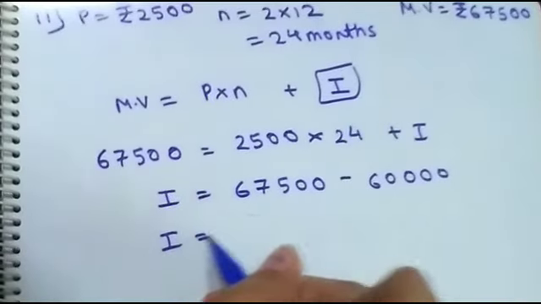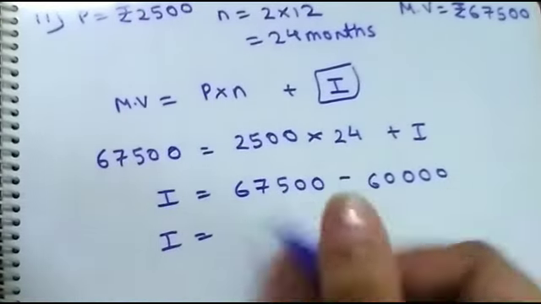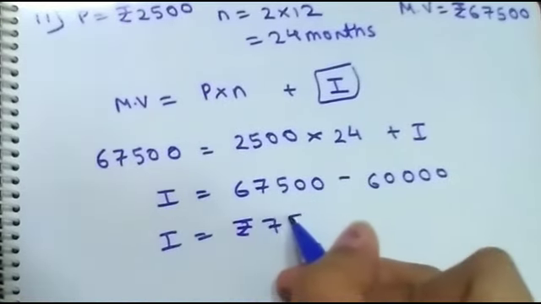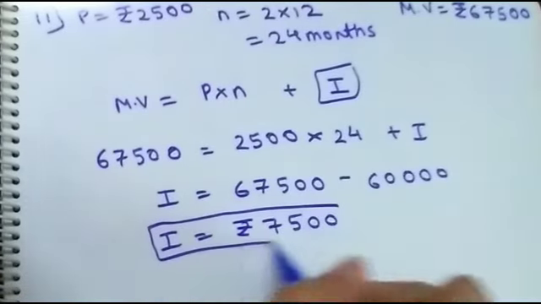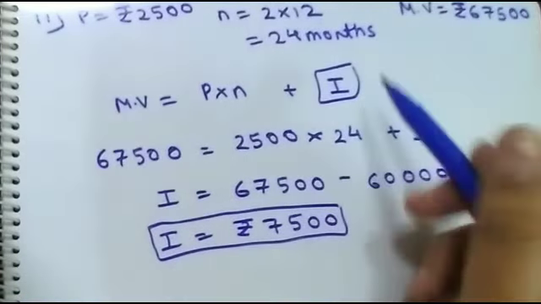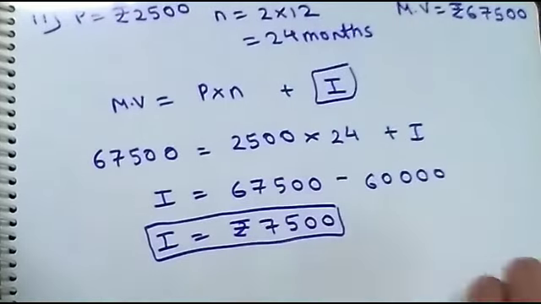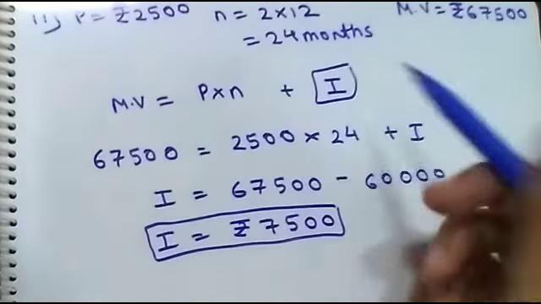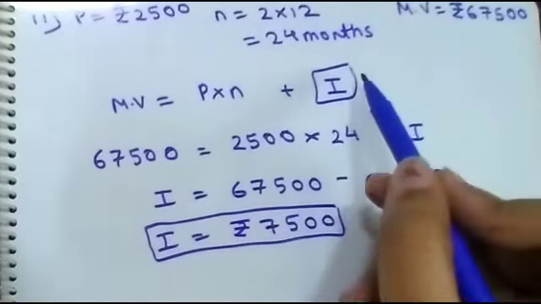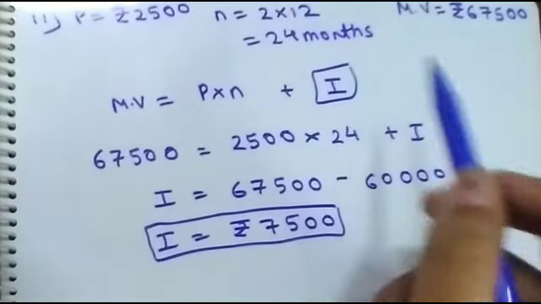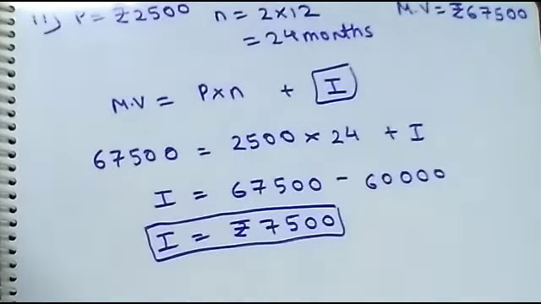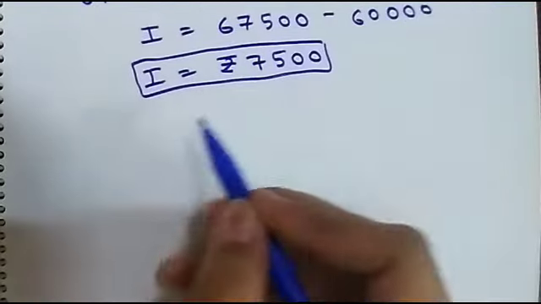Therefore I would become 67,500 minus 60,000, meaning rupees 7,500. So as you can see, it was very short. If you would have written the formula of interest, then it would have become lengthier. So always do this. If interest is asked, first write this formula, calculate the interest and then calculate the rate of interest.